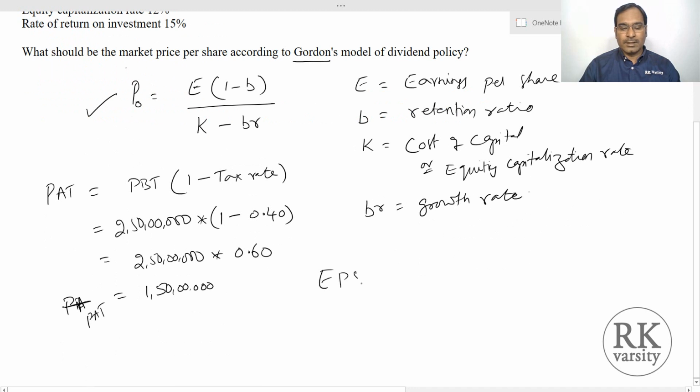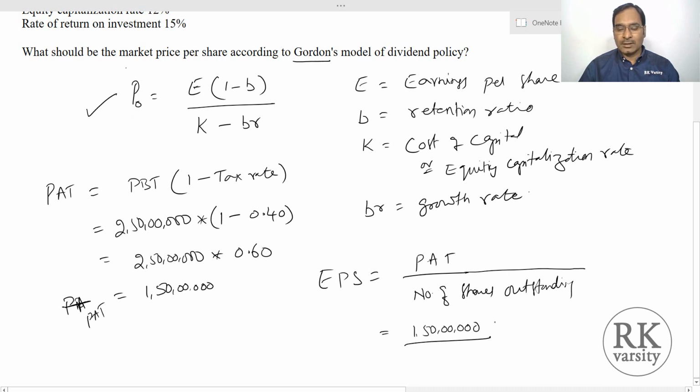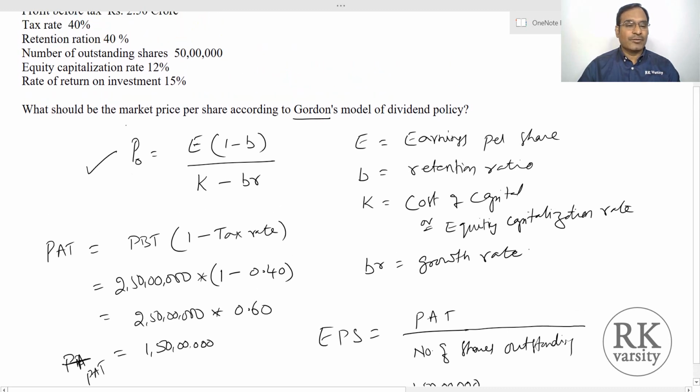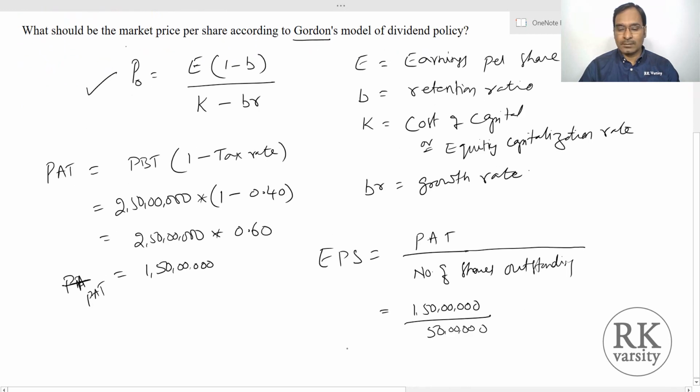Now earnings per share equals profit after tax upon number of shares outstanding. So this is 1 crore 50 lakhs upon the number of shares outstanding, which is 50 lakhs. So your EPS equals 3.